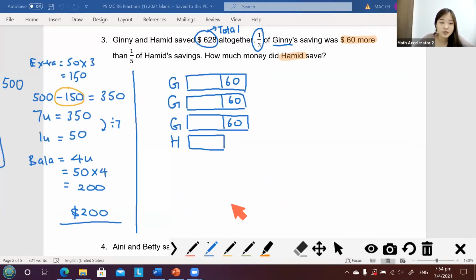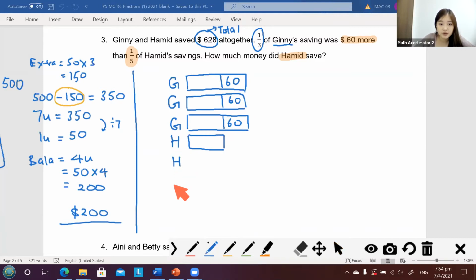How about Hamid? How many more must I draw for Hamid? If this is only 1/5, you need how many more? Yes, you need 4 more, correct.